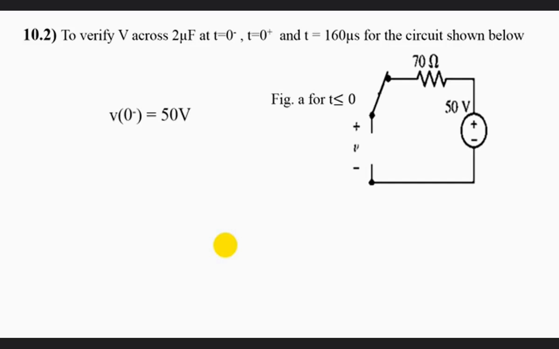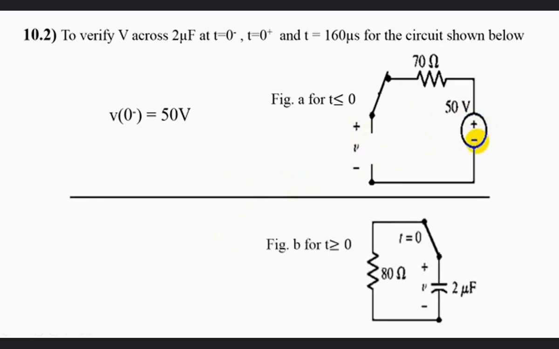Now I can simply say that V of 0 minus, when we analyze, is 50 volt, as the current is not passing through 70 ohm. Why? Because the circuit is open. Thus the voltage across the capacitance V is equal to plus 50 volt. Why? Because this positive is connected to this positive and the negative is connected to this negative. Thus it is 50 volt.